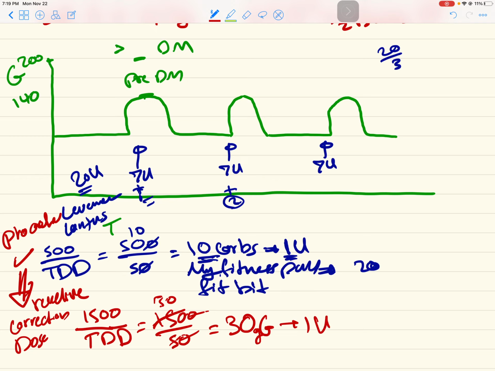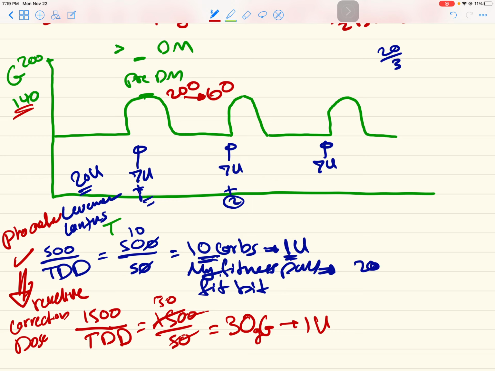So what that means is, for every 30 grams of glucose above 140, you give 1 unit. Let's say this patient has a glucose of 200 after eating, after they had their insulin and then they ate, and the glucose is still 200, 2 hours after eating. So what would you do in this case? 200, how much is above 140? By 60. 140 is the normal, it's 60 extra.